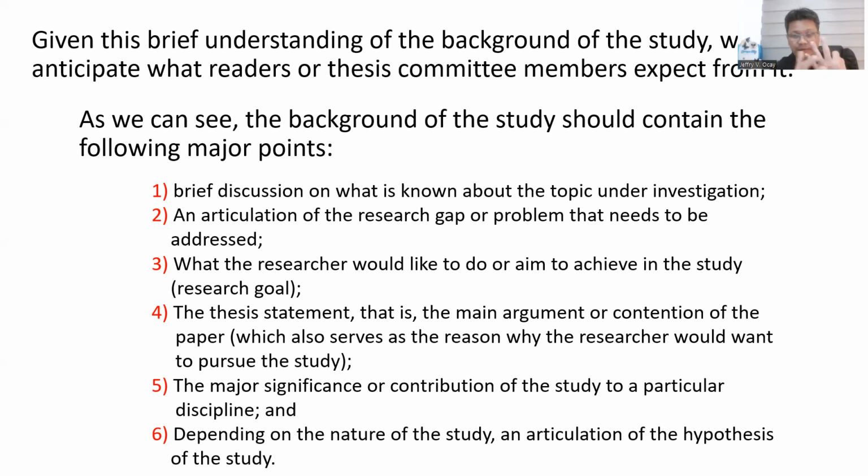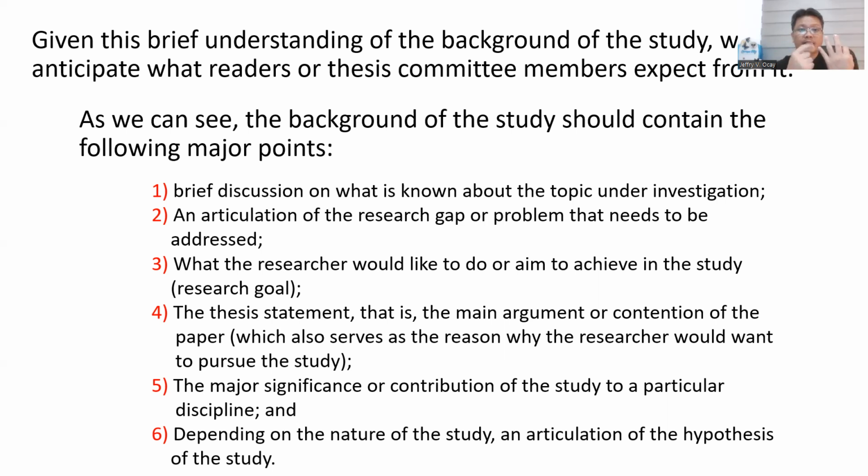So I need to emphasize these three major parts of the background of the study before I proceed. When I, as a reviewer and advisor, review the background of the study, I am looking for these three major things. What is the problem that the researcher would like to see addressed in the paper, or what is the gap that she or he wants to fill?